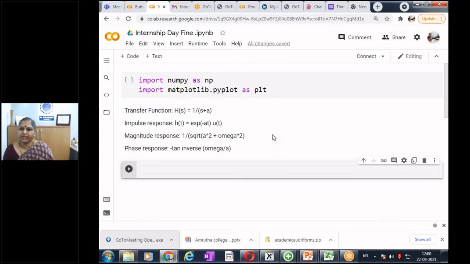Have you opened your Python notebook? And have you done this? Yeah, doing okay. I'll give you some time. Please type in this. Open your notebook and type in this.